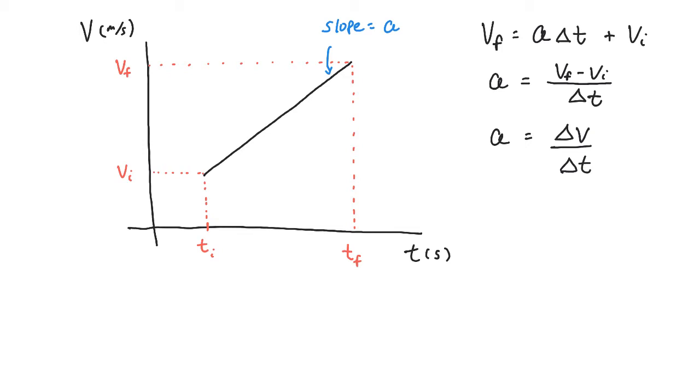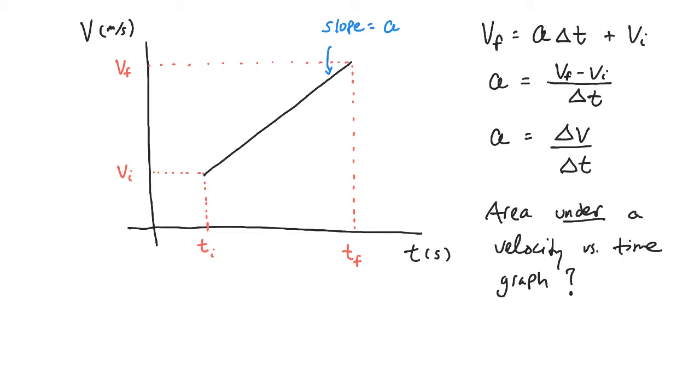And I want you to pause the video and write down on your paper, what is the area underneath the velocity versus time graph represent? So I'll write that out. What is the area under a velocity versus time graph? This is a big concept. So pause and recall what that is before moving on.